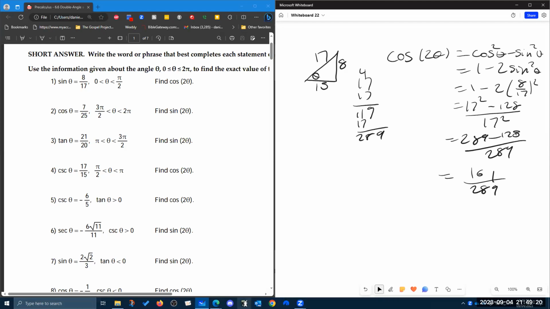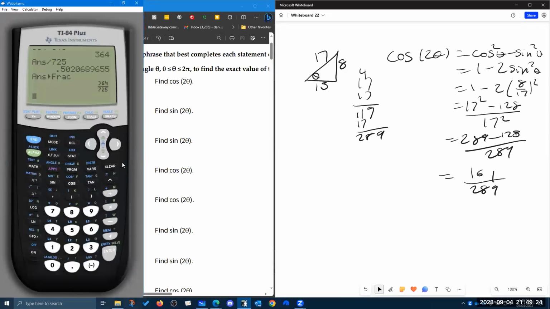Let's just check that because those are some strange numbers to me. So 1 minus 2 times 8/17 squared. The answer is the fraction 161/289. Yep.